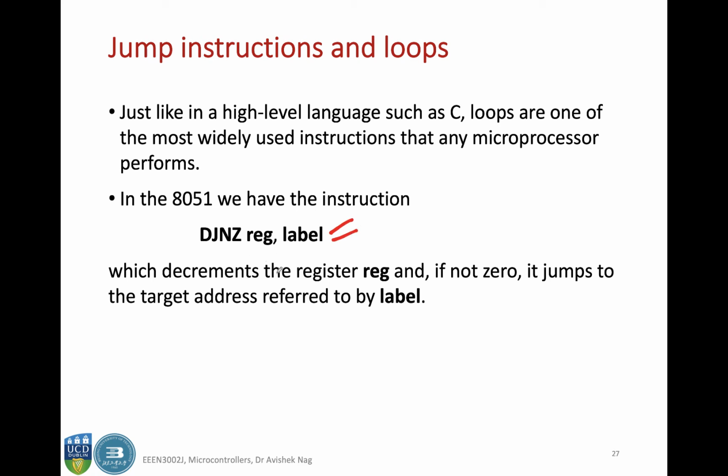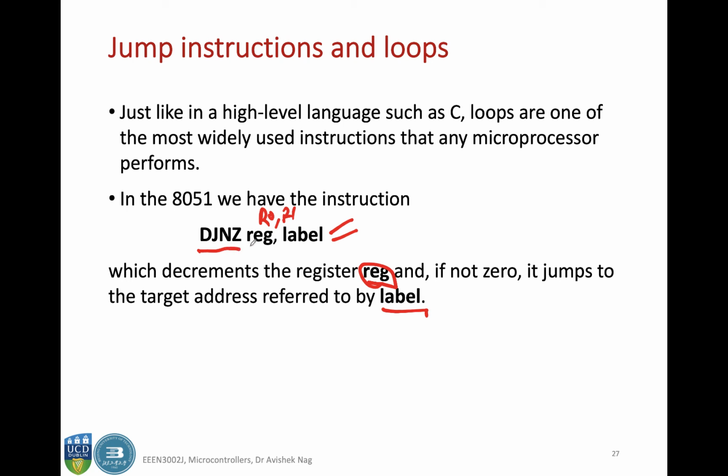You can use a label for a particular line, and then you can have a register, any register, R0, R1, whatever, up to R7. And then this instruction DJNZ means decrement and jump if non-zero.